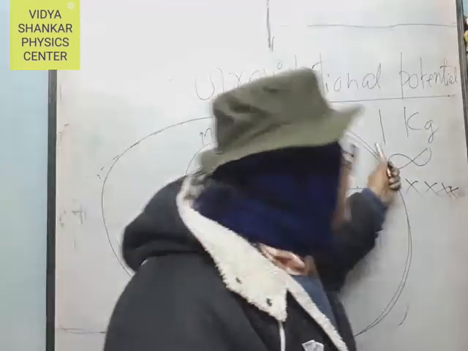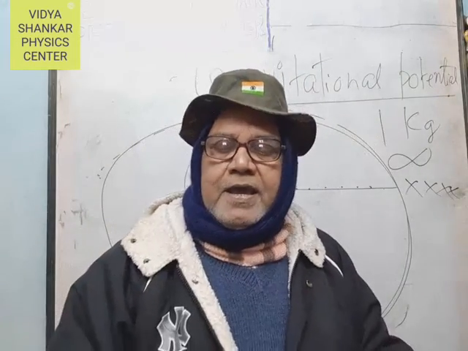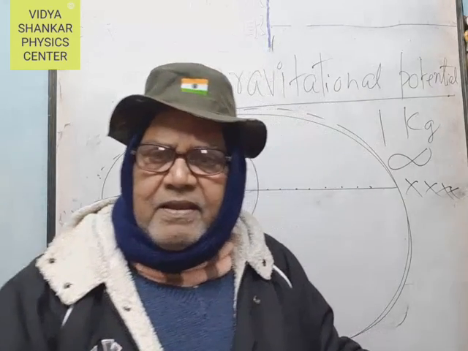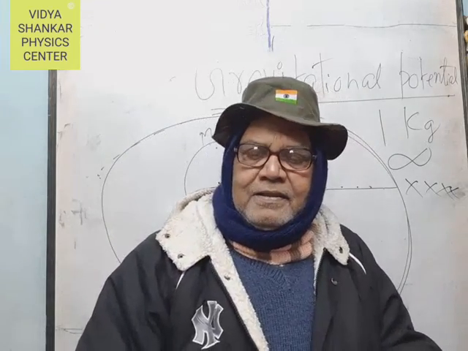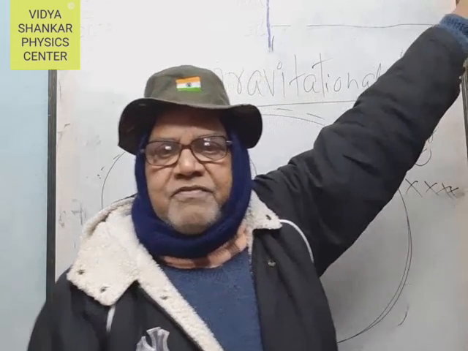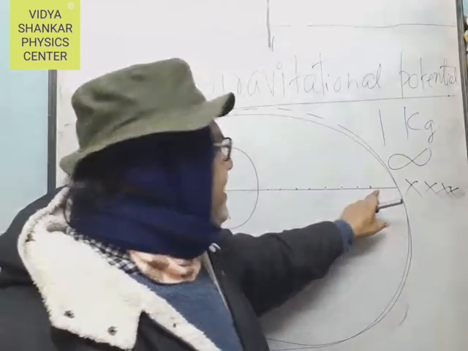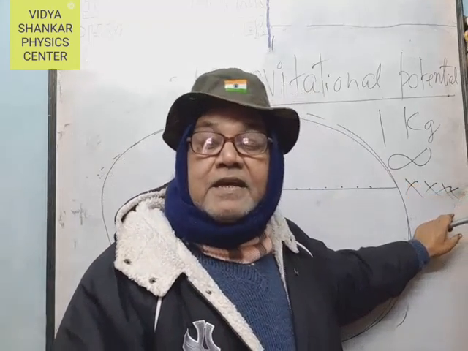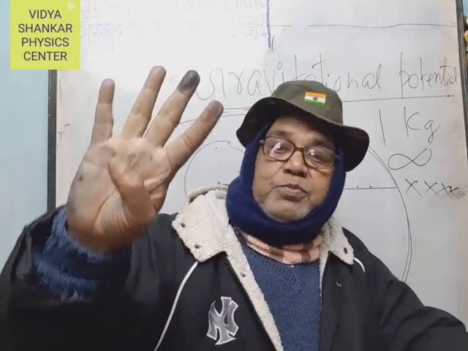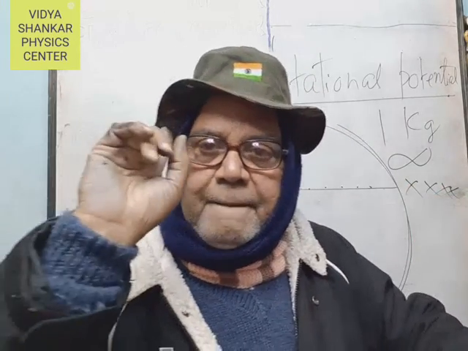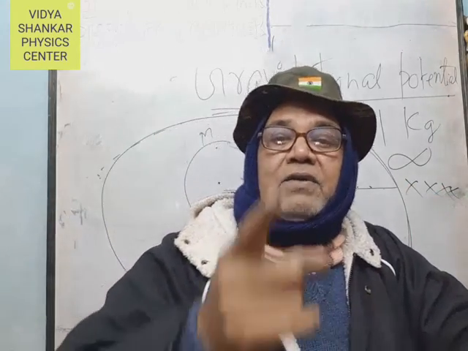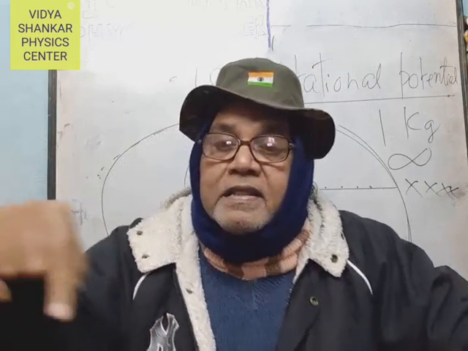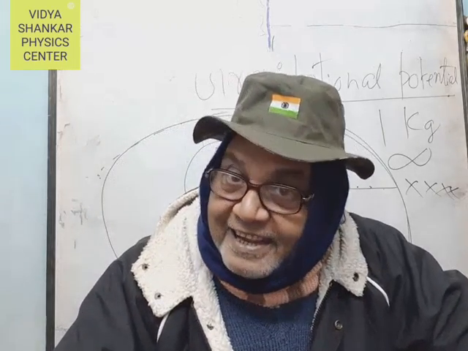First of all, now the gravitational potential may be defined as the work done in bringing or moving or taking the unit mass from infinity to a point in the gravitational field, not outside, but inside the gravitational field. There are 3 points to explain the gravitational potential. It is clear?